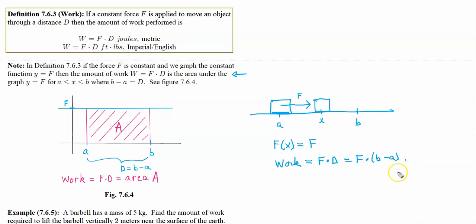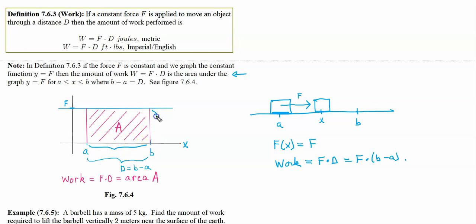All right. Now if we graph the force function, this F of X, it's constant, right? Suppose our x-axis here represents the location of the box, and we graph our force function. It's constant in this case. Then if I calculate F times B minus A, well, B minus A is this distance, the width of this rectangle.